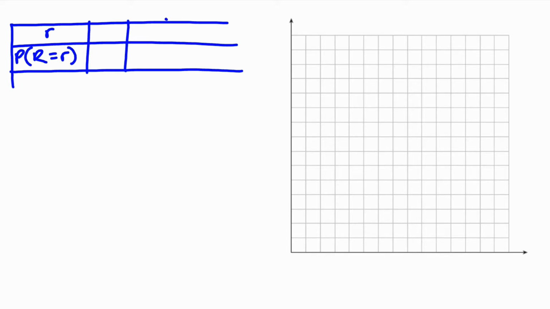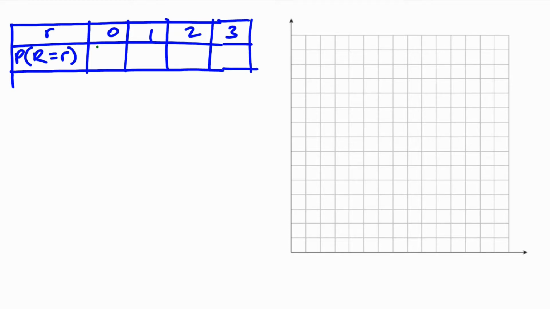Plug in the values that R can take: 0, 1, 2, and 3.